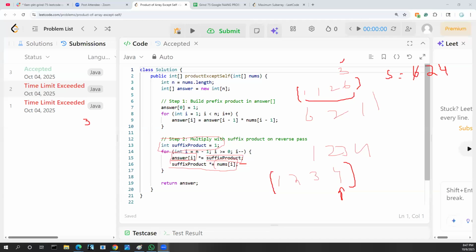Okay. Next we have I will be 2, right? And we have answer of I, which is this.